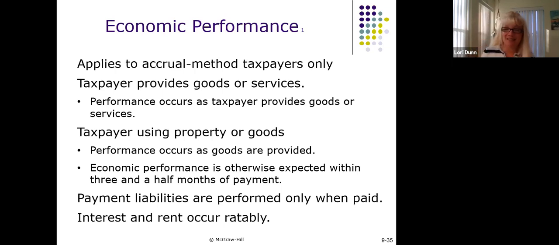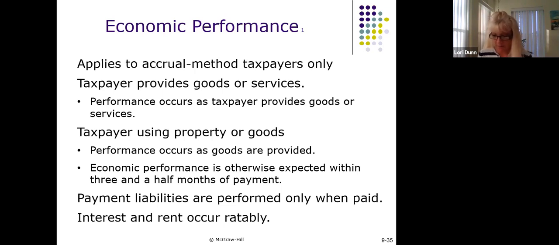Let's go to the next economic performance, and that is providing goods and services to another person. So when you, the company, are going to provide goods or services, when can you deduct expenses related to that?